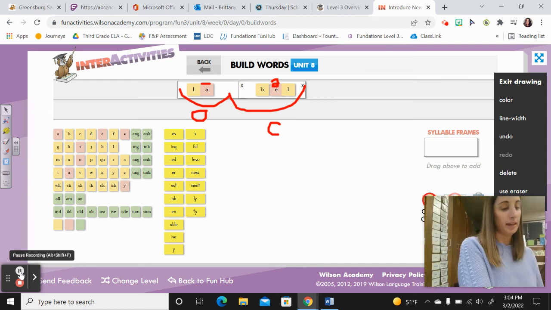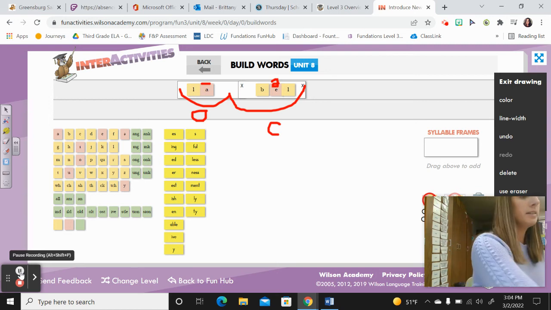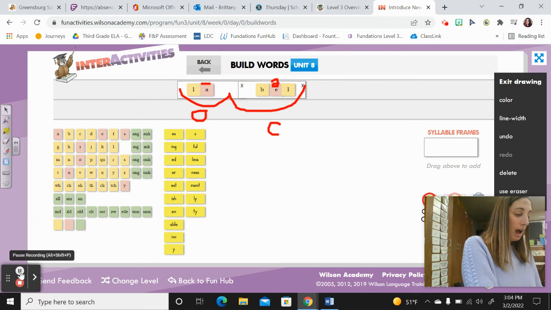And now let's go ahead and write our sentence on page 70. The sentence is, I had to label the diagram. That's a text feature.